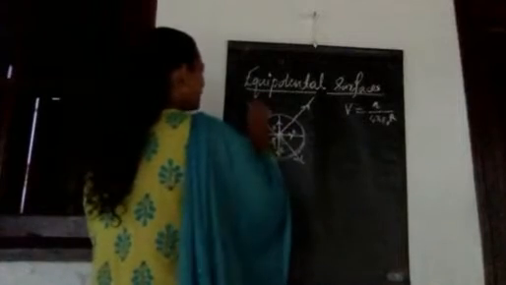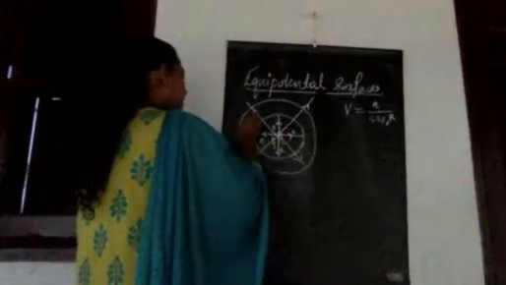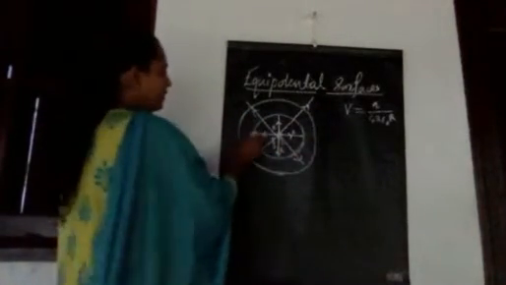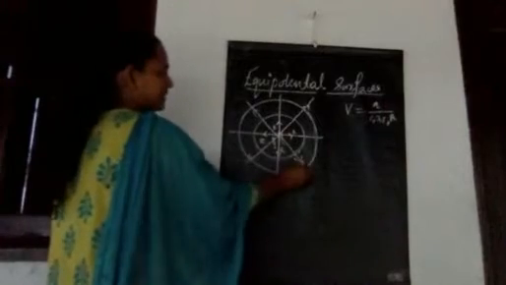You can draw another equipotential surface at some other distance, where everywhere the potential remains constant. Therefore the equipotential surfaces of a point charge are spherical, with spherical symmetry.